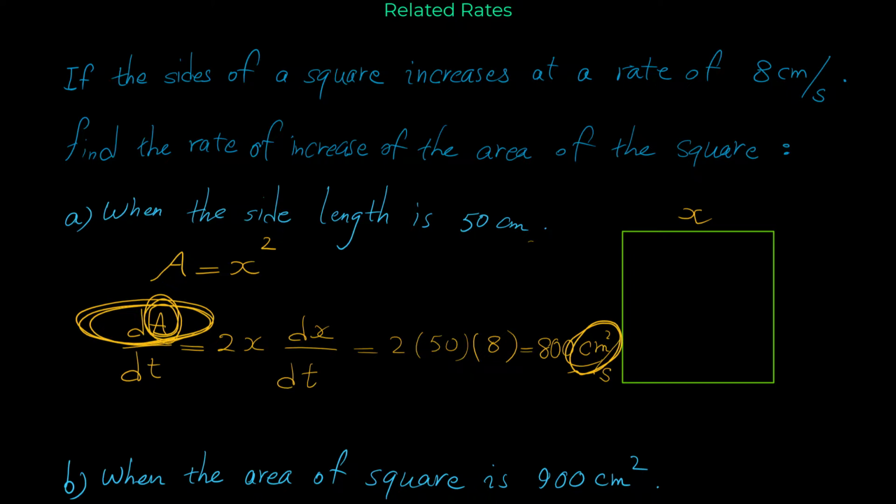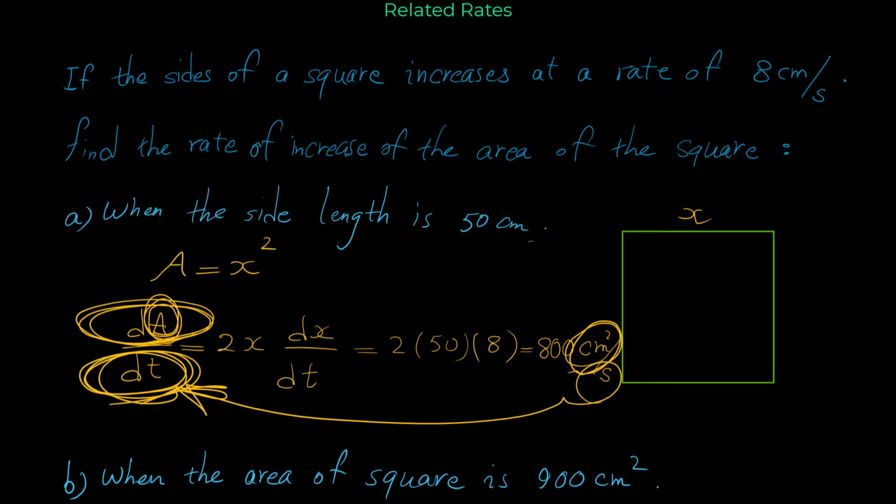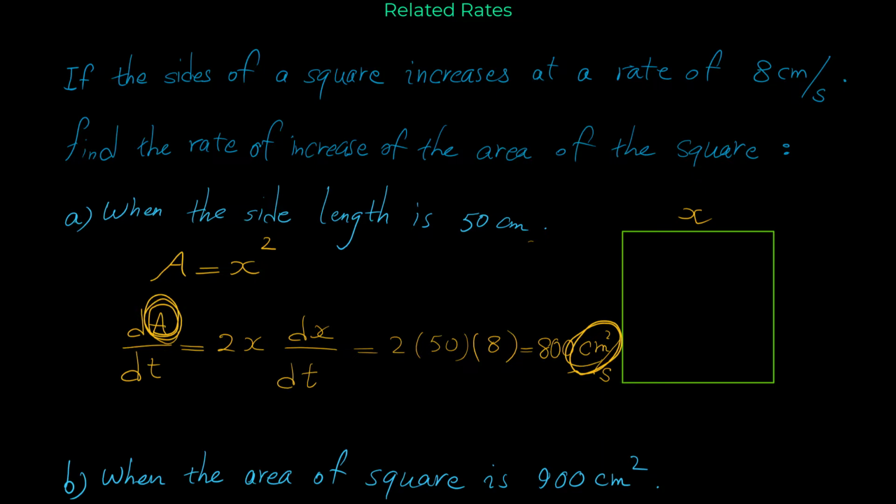But here the units are in centimeters, so it's centimeter square over the unit of the denominator. The denominator is always t, and so always in the denominator we have a unit of time. Here the unit of time is seconds, so we put s in the denominator. This is how we choose and write the unit for our answer.